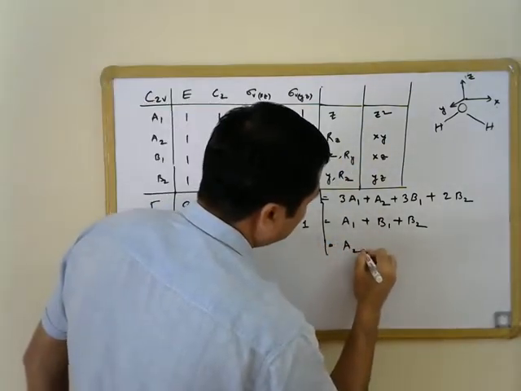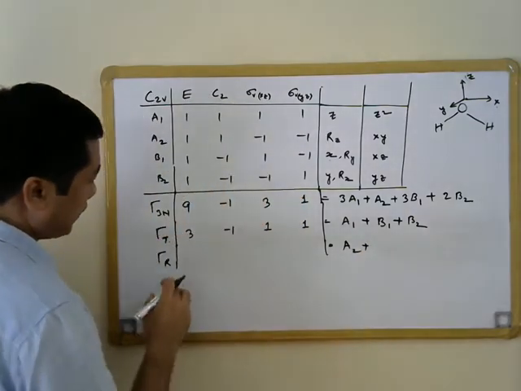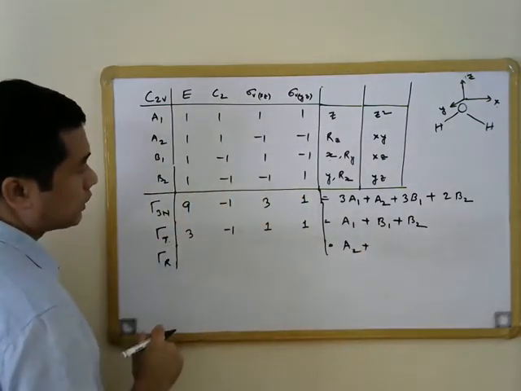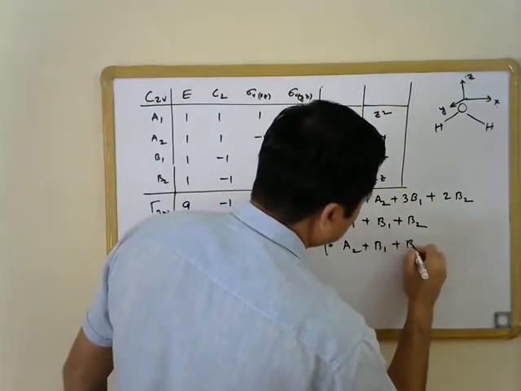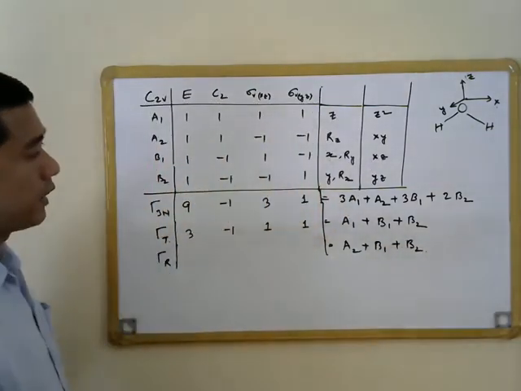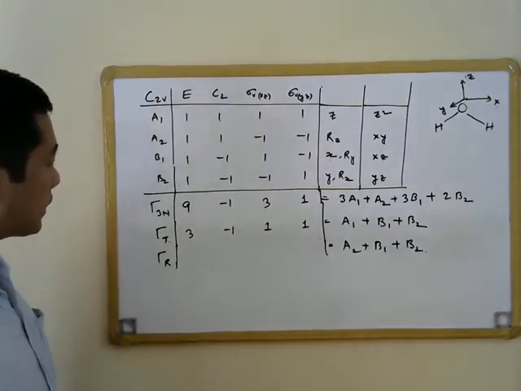So that is why the irreducible components of this reducible representation gamma r is equal to A2 plus B1 plus B2. So that we can write just by looking at the character table itself.